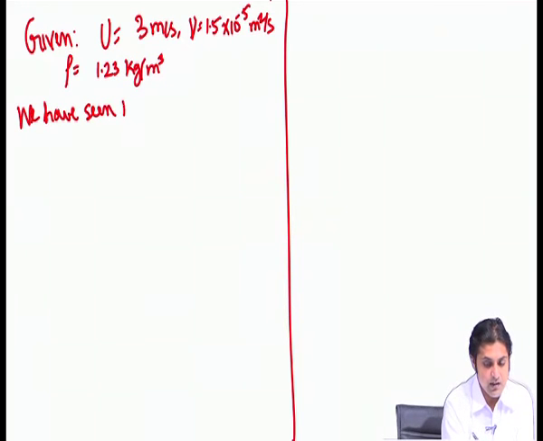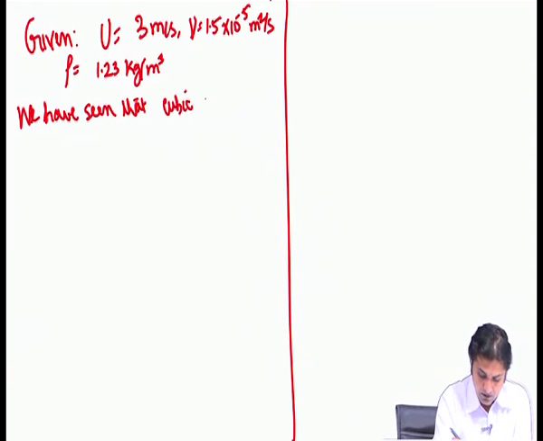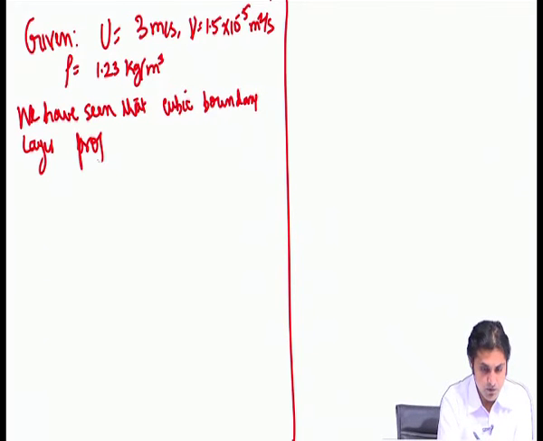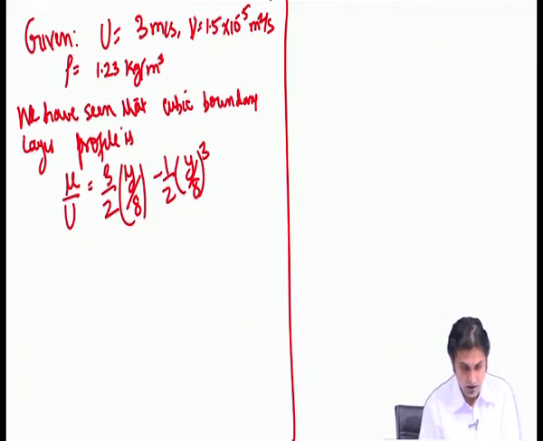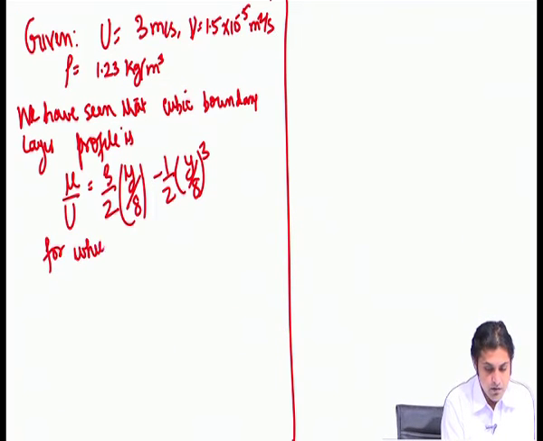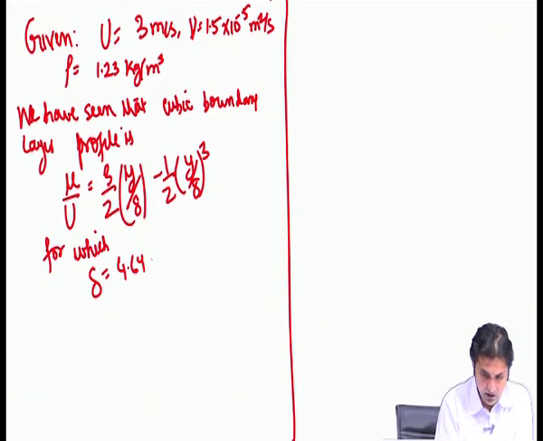So we have seen that the cubic boundary layer profile is small u by capital U is equal to 3 by 2 y by delta minus half y by delta cube, from our laminar analysis, for which boundary layer thickness is 4.64 x under root Re of x.